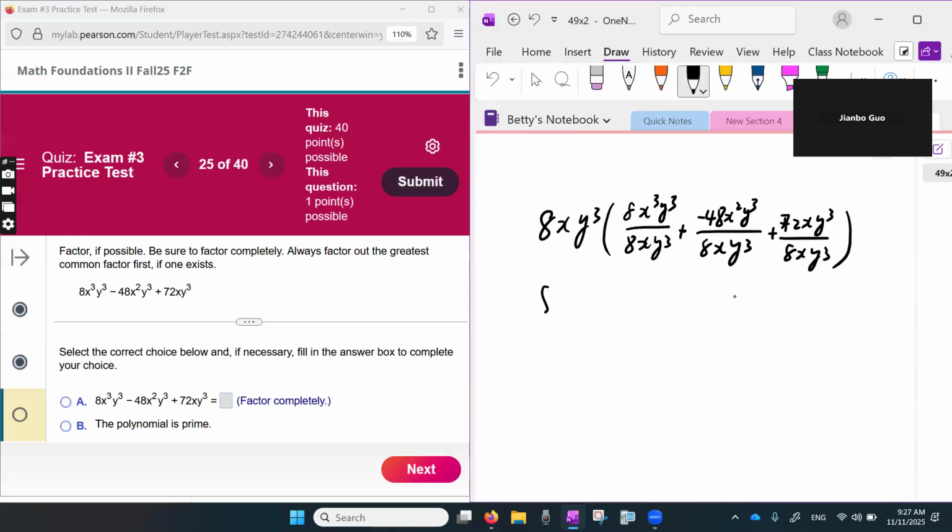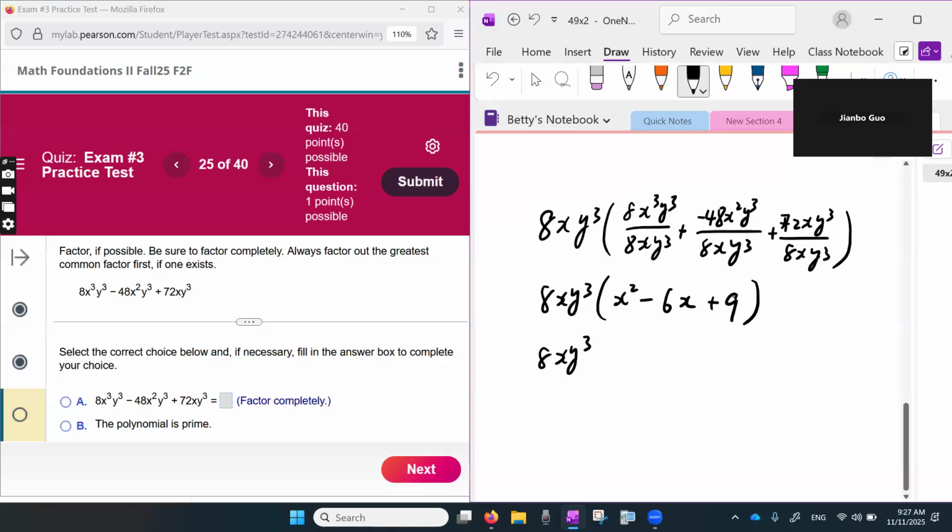And double check, simplify the 3 terms in the parentheses. After we simplify, x squared minus 6x plus 9, right? Ideally, we want to have a quadratic trinomial. It is a quadratic trinomial, so it is x squared minus 6x plus 9.